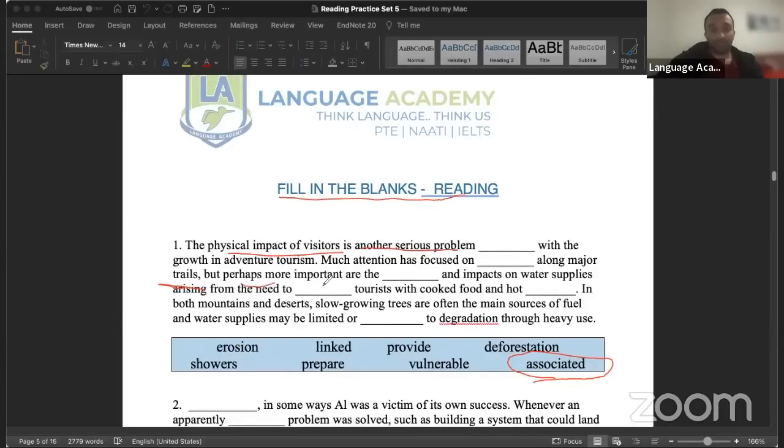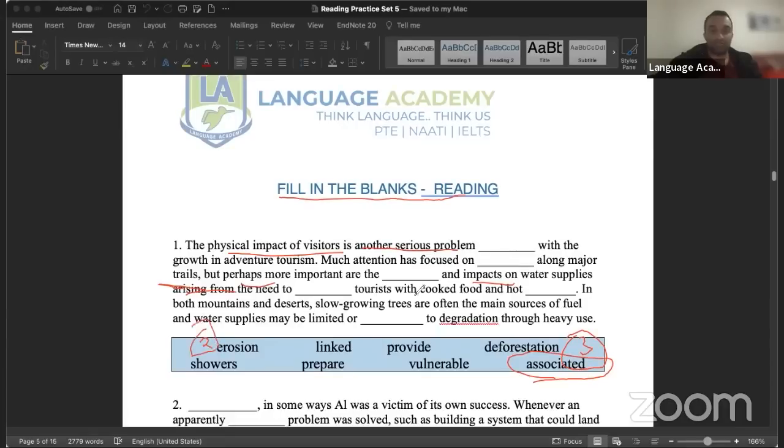But perhaps more important are the dash and impacts on water supplies arising from the need to dash tourist with. Which one is the major problem? Erosion. Erosion means like getting erosion of soil or something, or deforestation. Deforestation is definitely the biggest problem. So for the third one, I will say deforestation, and for the second one, I would say erosion.